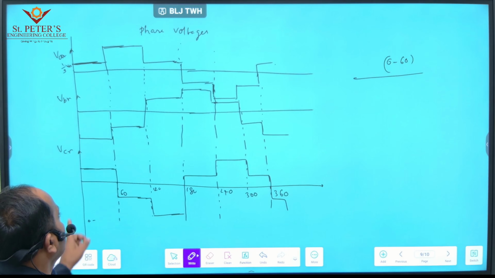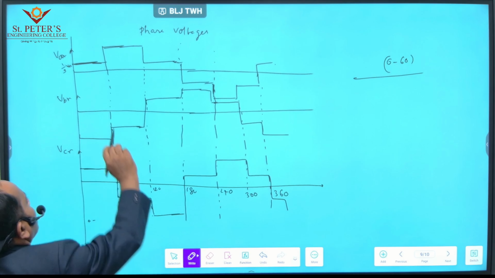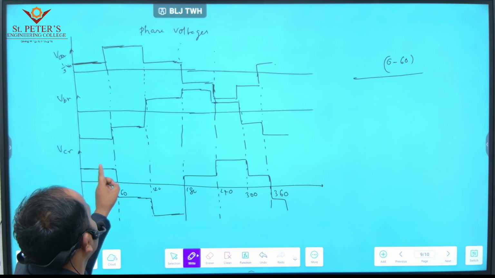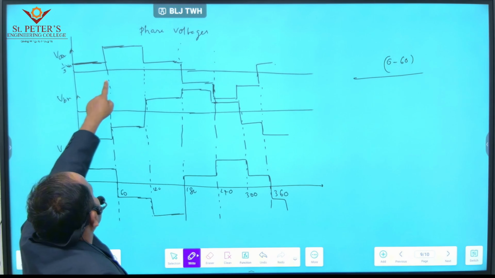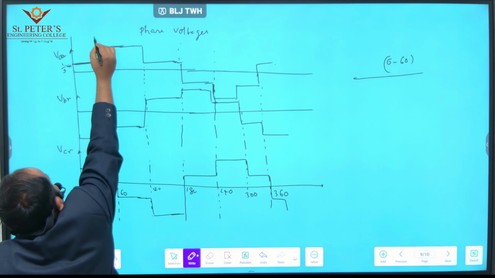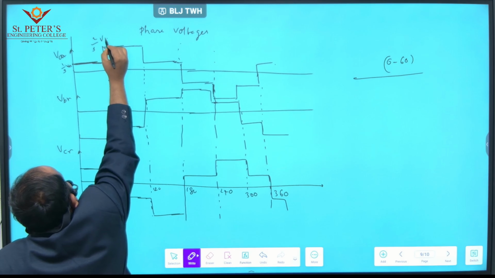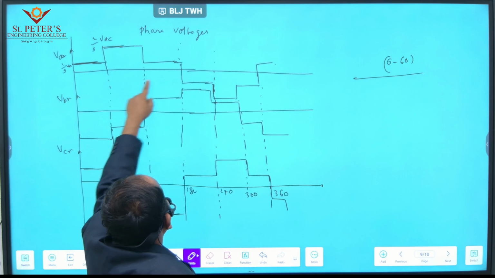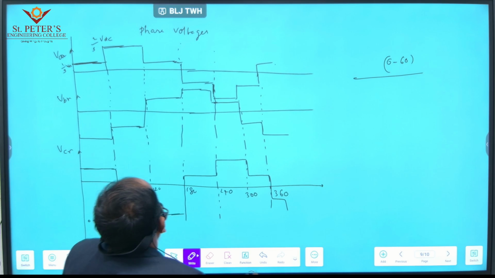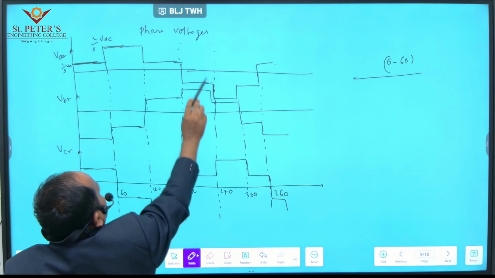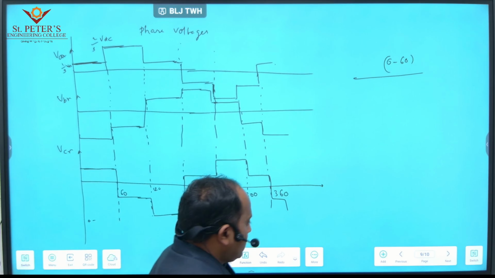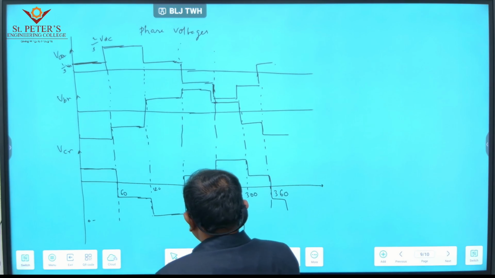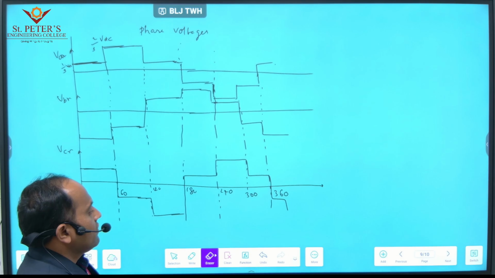So in each phase we have 6 steps of voltage. From 0 to 60, 1 by 3 VDC. From 60 to 120, 2 by 3 VDC. Again from 120 to 180, 1 by 3 VDC. Like this, each phase has 6 different steps. That's why this inverter is known as a 6-step inverter. Now go for the line values one by one.